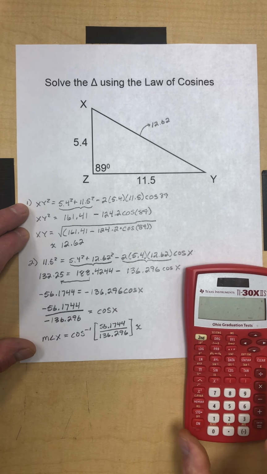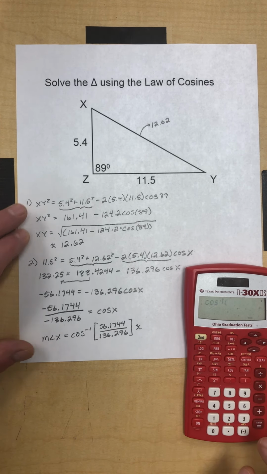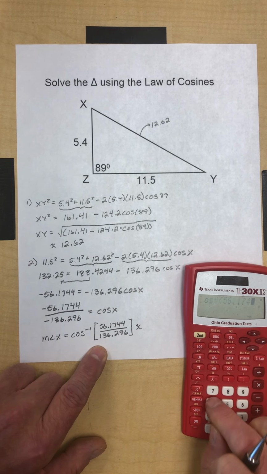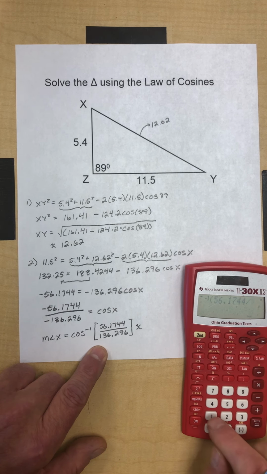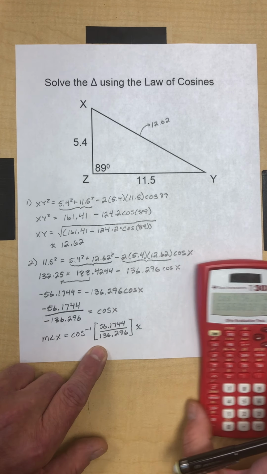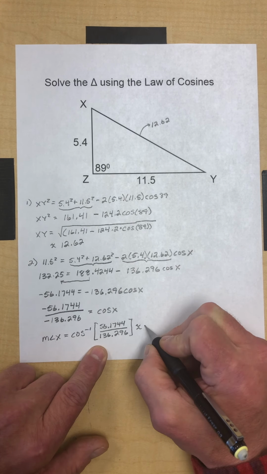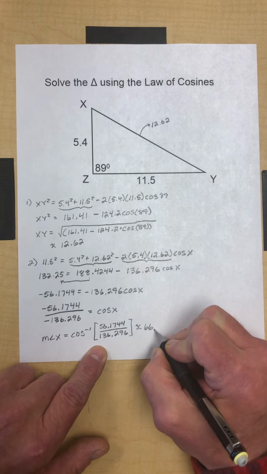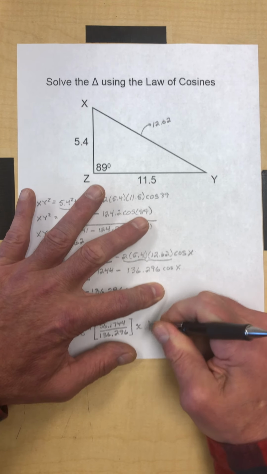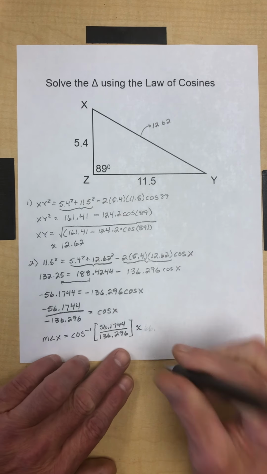Okay, so let's see. Second, cosine inverse, 56.1744 divided by 136.296, and hit enter. And when I round it off, I'm getting approximately 65.66.